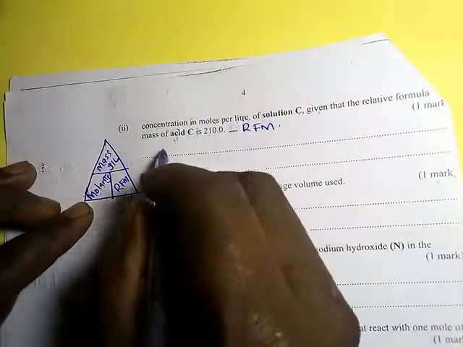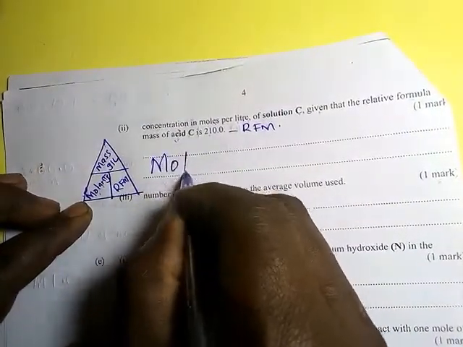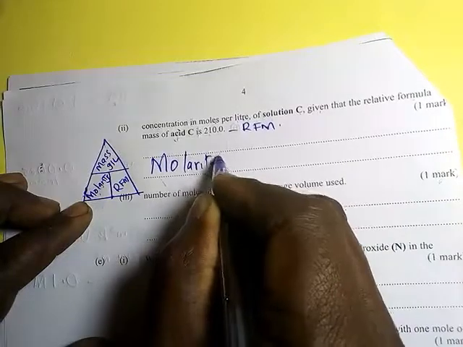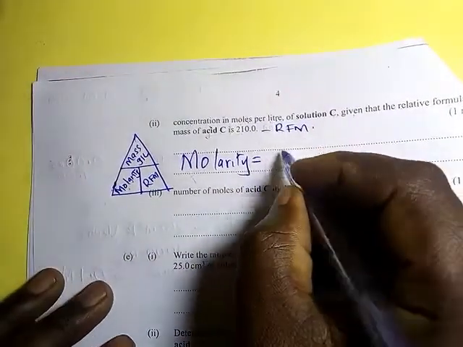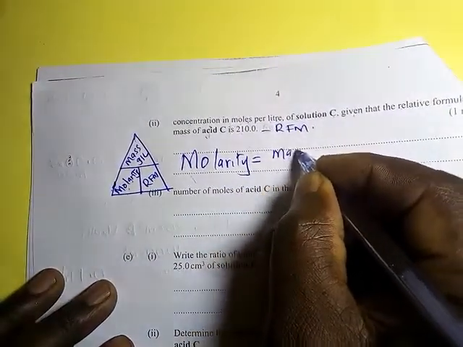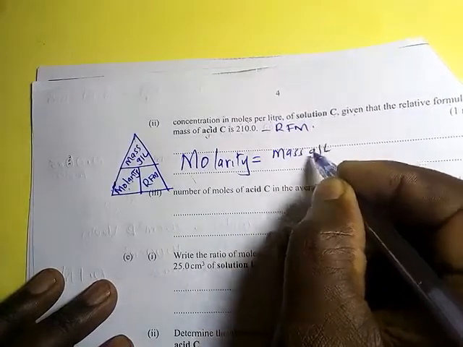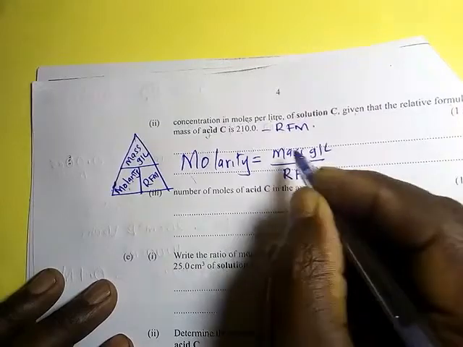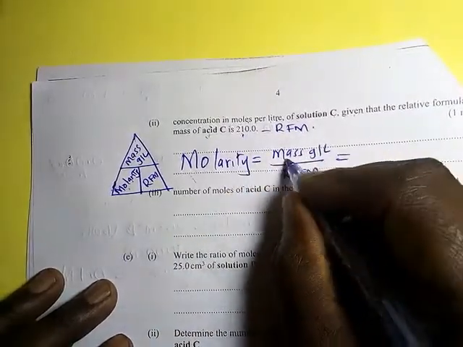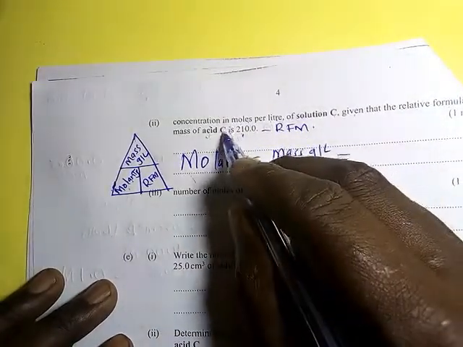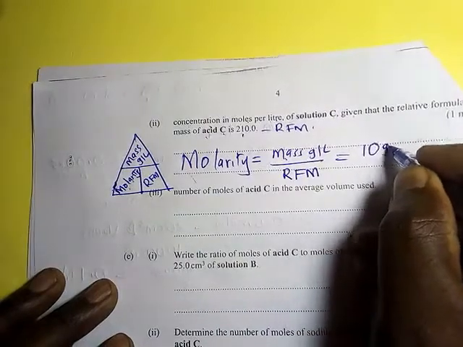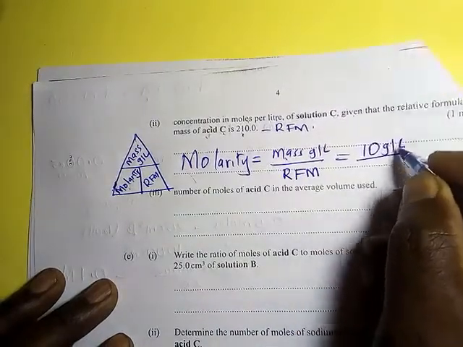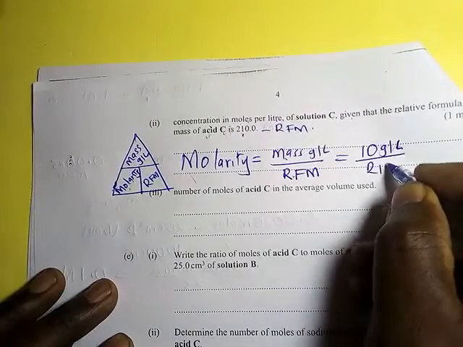How do you get molarity? Molarity is equal to mass in grams per liter divided by RFM. The mass that was dissolved to form solution C was 10 grams per liter, and the RFM is 210.